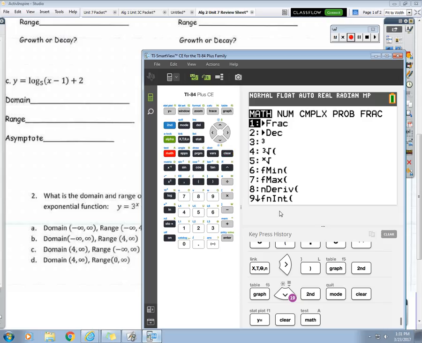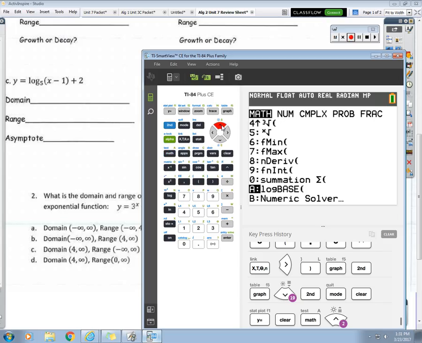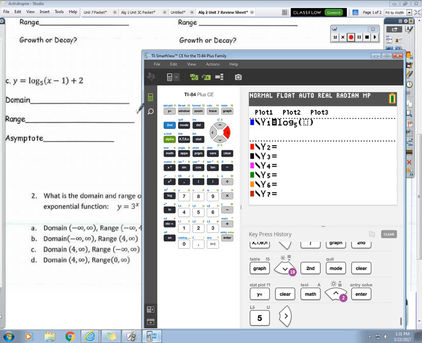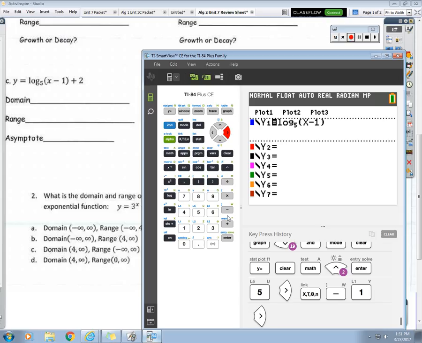And then it's down here at the bottom, so you can keep going down until you get to it, but it's really faster, just hit up a couple of times. And then you're there. Okay, the base is 5. Inside the parentheses, you put the x minus 1. And then outside of the parentheses, plus 2. Before I even graph it, can anybody tell me what kind of shifts are going to occur? Right 1 and up 2.